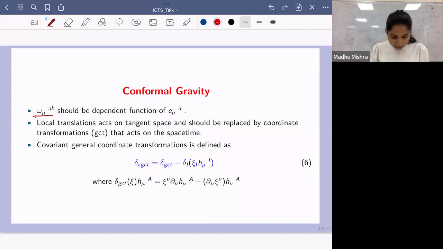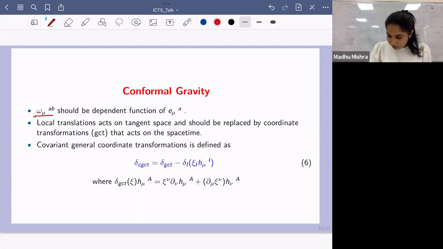Also, the other subtlety is that all the gauge symmetries in conformal gauge theory act on internal space. However, in gravity theory, local translation should act on space-time, such that we have a general coordinate transformation. So we want to overcome these shortcomings, and that will be done by imposing some constraints on curvatures. And how we are going to do that is as follows.